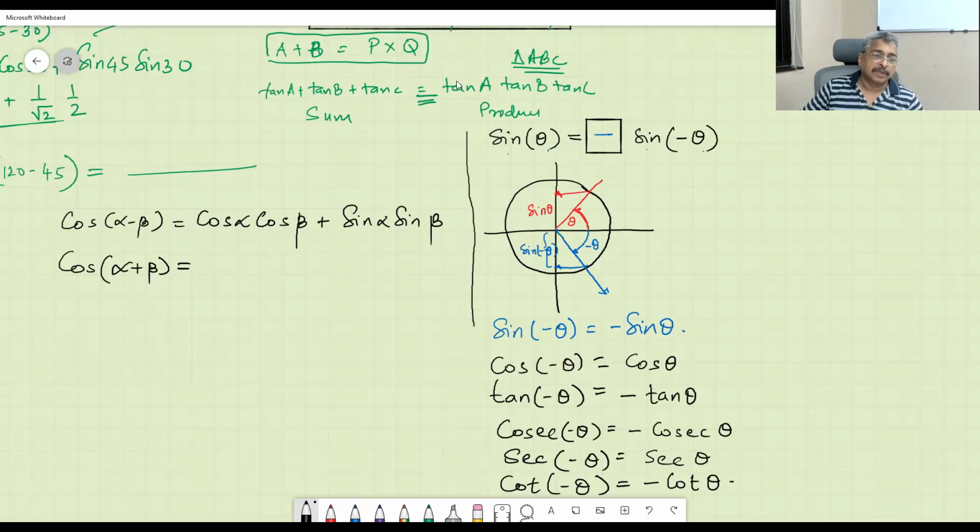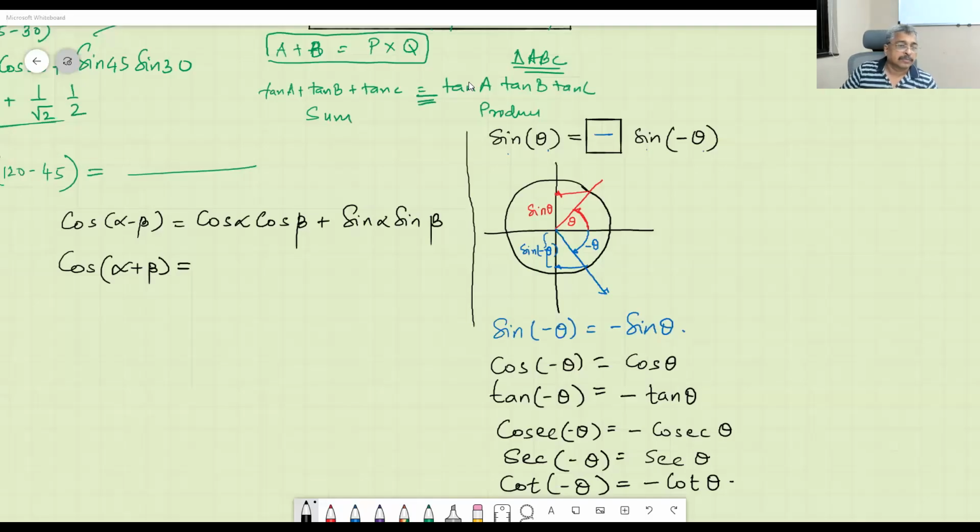Now do this. Cos of alpha plus beta. As alpha, beta belonging to R, for the first formula, we can always write this as cos of alpha minus of opposite beta, which is equal to cos alpha cos of opposite of beta plus sine of alpha sine of opposite of beta.